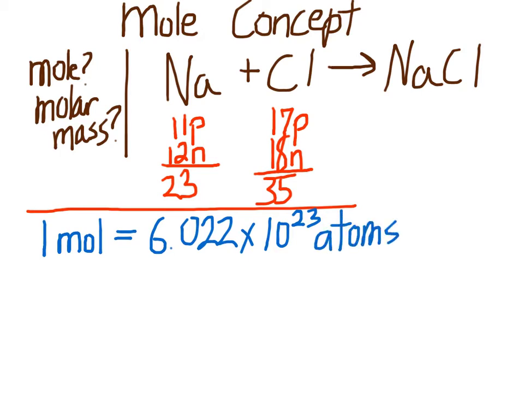This number is very big, and there's a method on how they came up with it, but the reason why this number is so huge is because atoms are really small, and we can't weigh out individual atoms. So they make a very large number, and it's something that we can work with on actual scales inside the laboratory. So 1 mole is equal to 6.022 times 10 to the 23rd atoms.